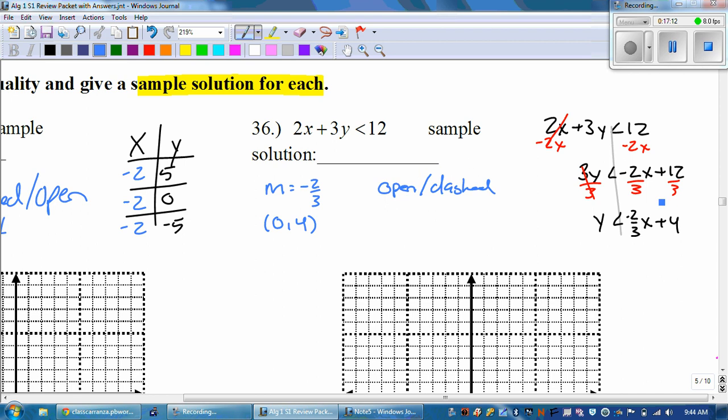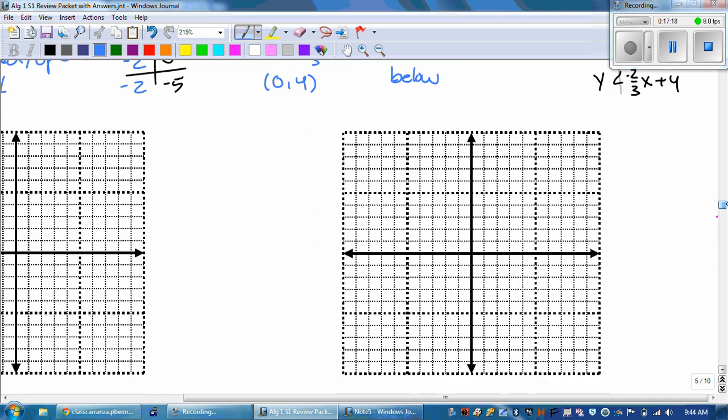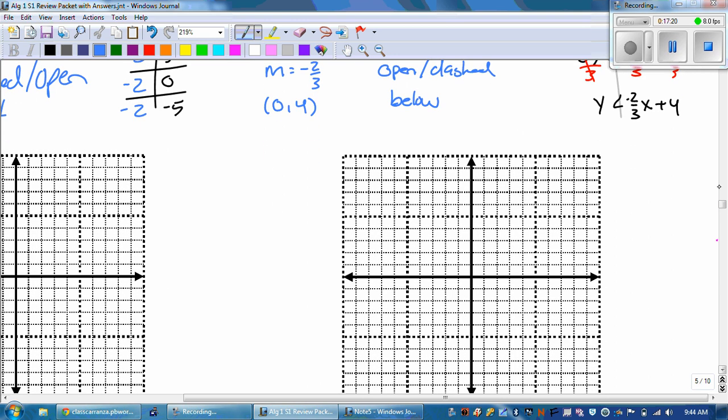And then it's less than, which means we're going to shade below. So that's all the information that we need right there, that we're starting at 0, 4. And I'm going down 2 over 3, down 2 over 3, down 2 over 3. And we're going to do that in the opposite direction to complete our pattern.